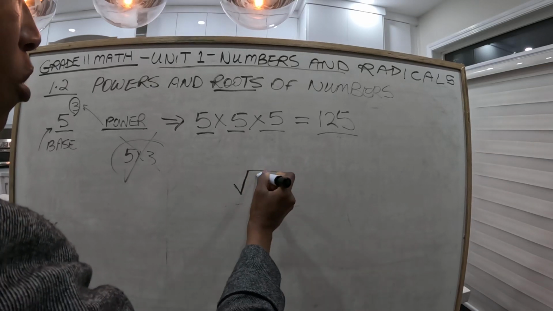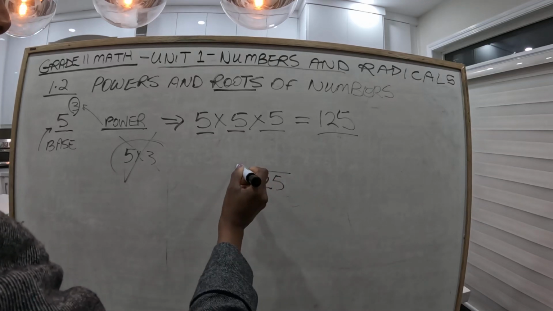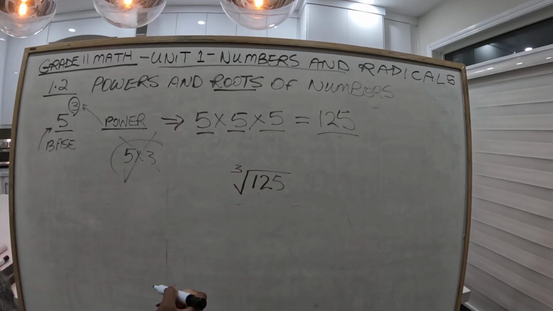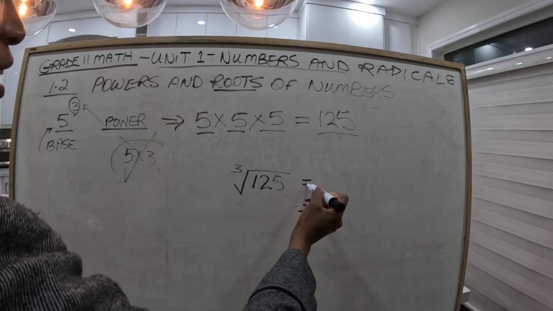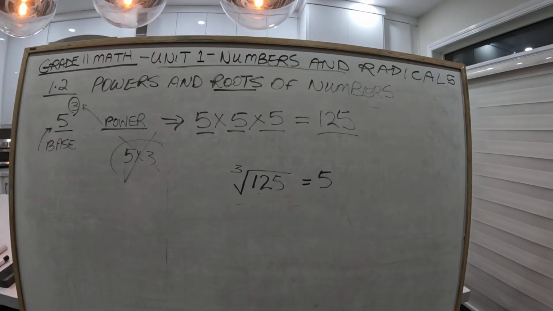So if we have 125 and we want to decline it 3 times, so that's a cube, the answer will be the opposite, which is 5. And it's just simple math.